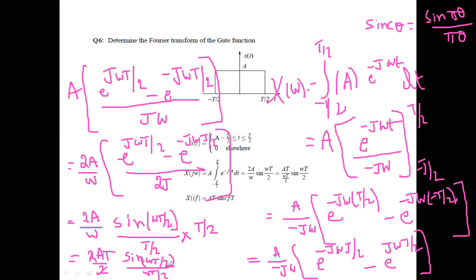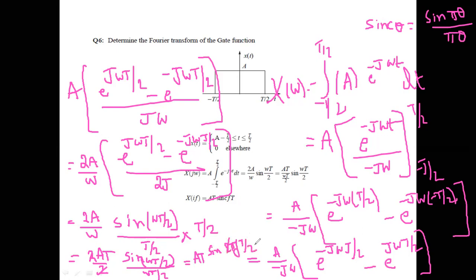And in this function also, again, AT is there already, AT into ω = 2πf into T/2.